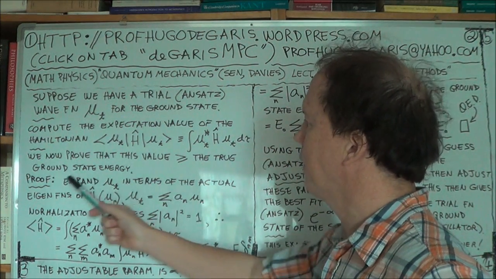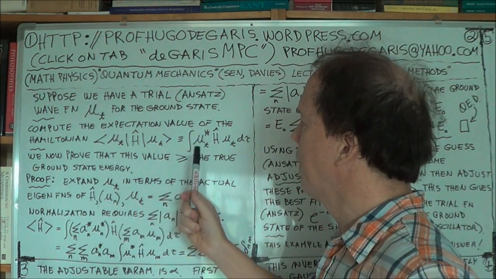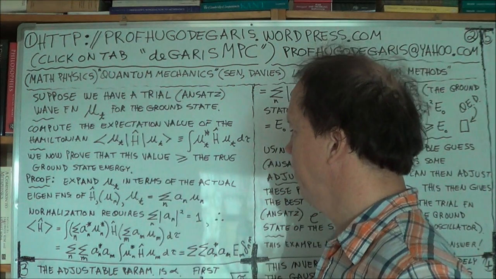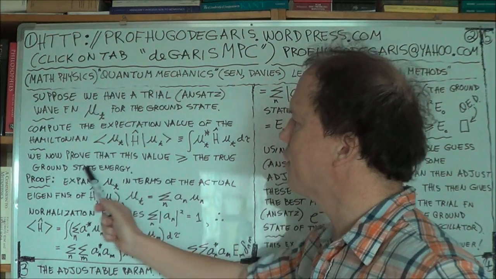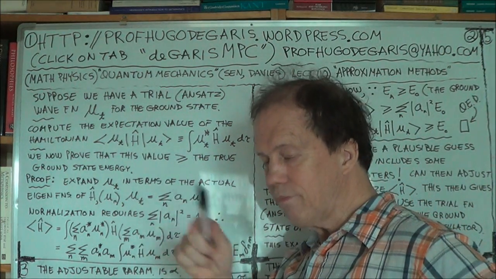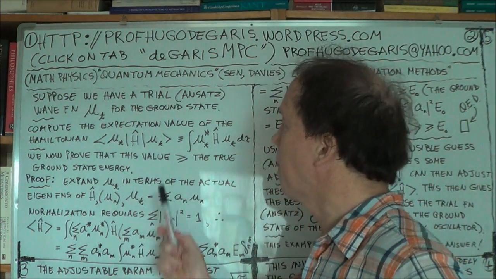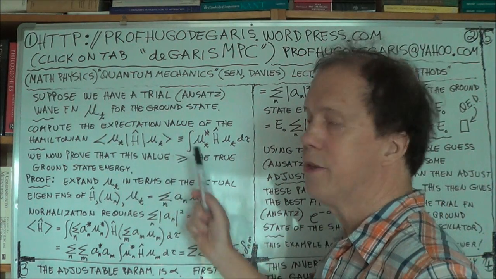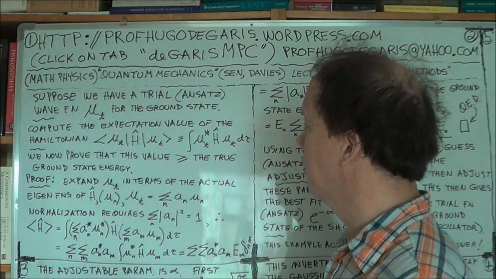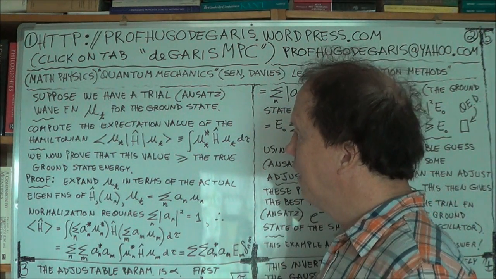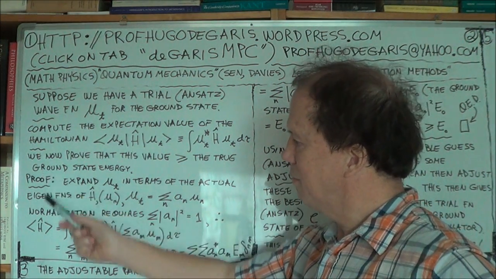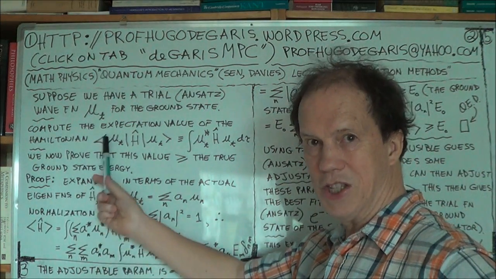Now the proof. There's a little theorem here. This here is greater or equal to the true ground state energy. In other words, E naught. That's the theorem statement. Now I'll try to prove it, and I'm using now the pure math notation.